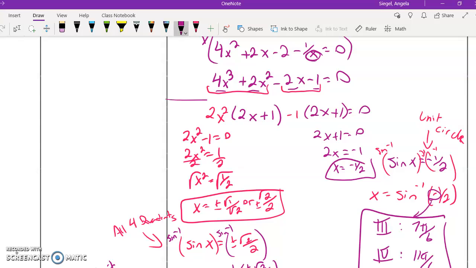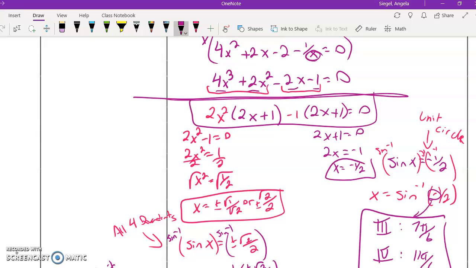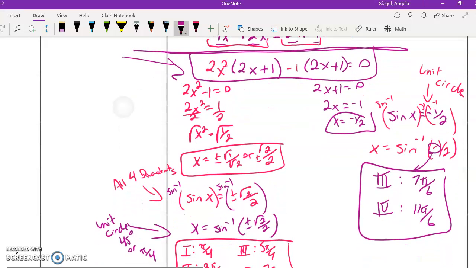Okay, so I believe we ended up right here. When I did factor by grouping, I ended up with this. When I solved 2x squared minus 1, I ended up with this, and I rationalized the denominator to get to that.